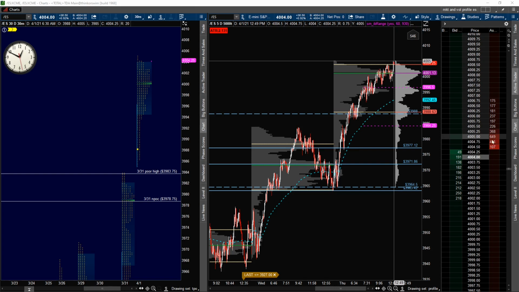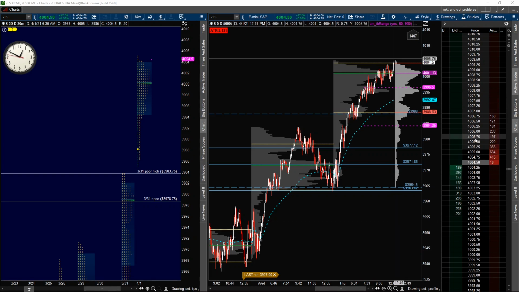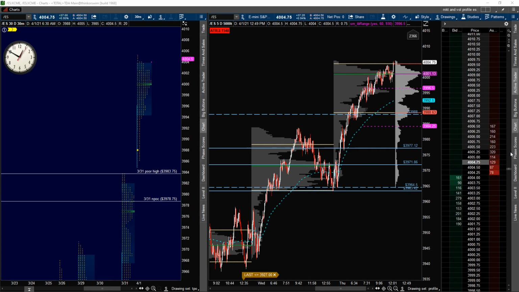See, it took out some of the 4005 there. Right, it's trading at 4005. I'm not sure why I keep on saying 405. They come down to 37 now.